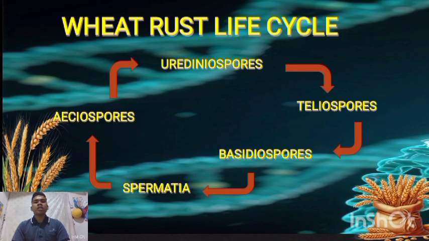Now we are tackling the life cycle of wheat rust. It undergoes urediniospores, teliospores, basidiospores, spermatia, and aeciospores. Now I have a video here talking about the wheat rust life cycle.